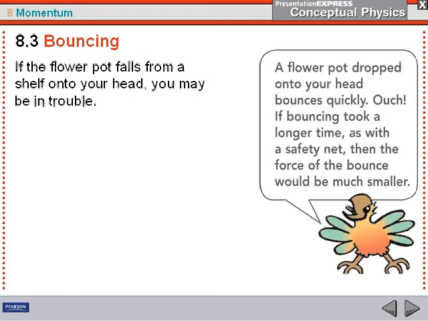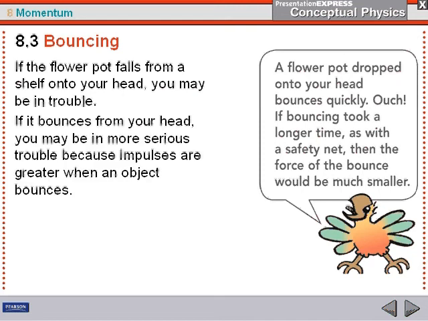Now, here's the way I always think of it: what if something falls on your head? If you have, say, a flower pot fall on your head, you want it to hit your head and then break. You don't want it to bounce.